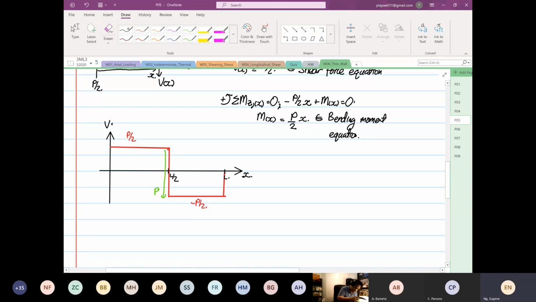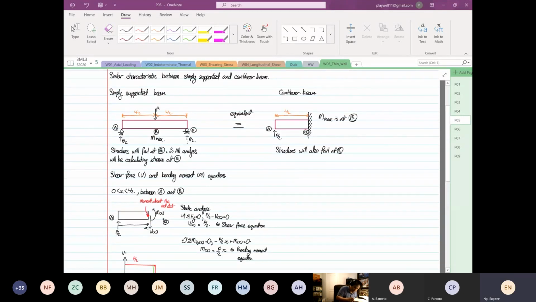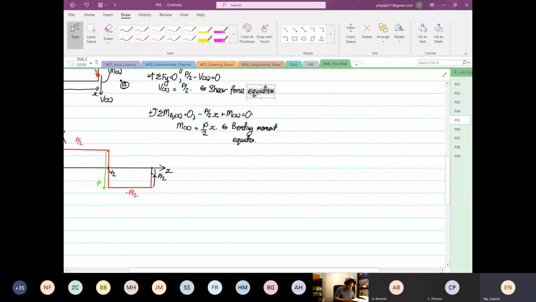And then at point C, you push it back up by P over 2. That's why your reaction down here is also P over 2. So this is our shear force equation.